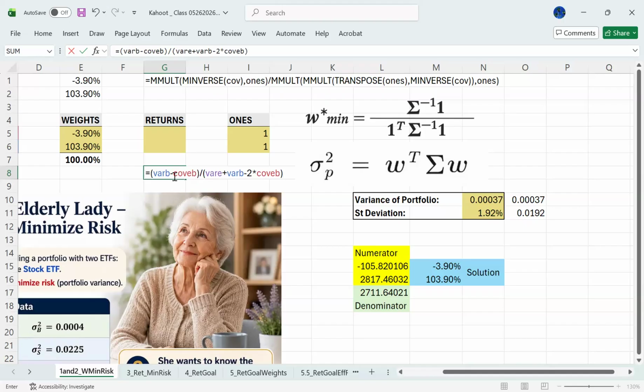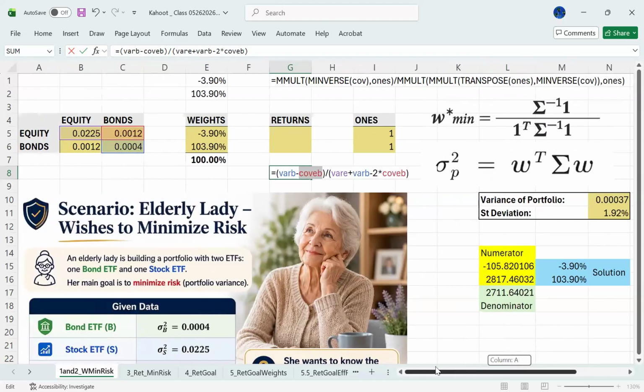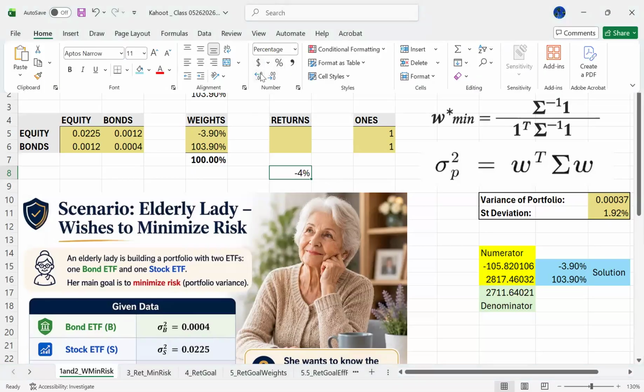Keep in mind the difference when we mention covariance of equity and bonds here. This is not COV, the matrix. We are only referring to the specific covariance between the equity and bonds, which is this element of the covariance matrix only. And if we use this formula, we get exactly the same again, minus 3.9%. So that is the solution we get.